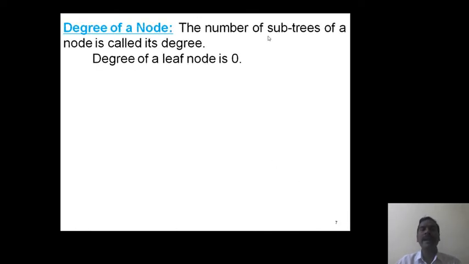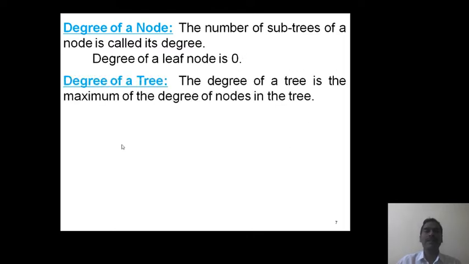Then degree of a node. The number of subtrees of a node is called its degree. Let me take any leaf node. For a leaf node, child nodes are not available. Hence, the degree of a leaf node is 0.